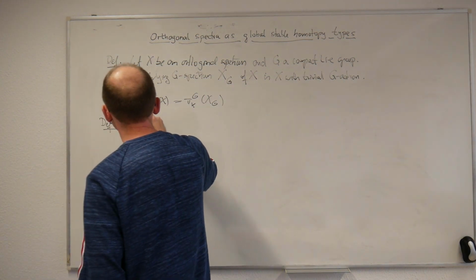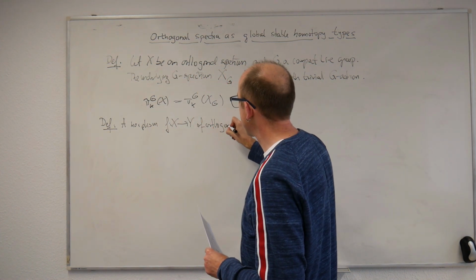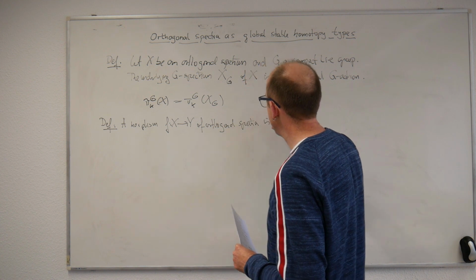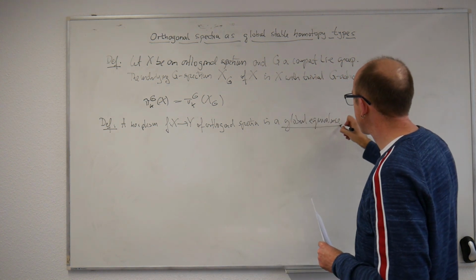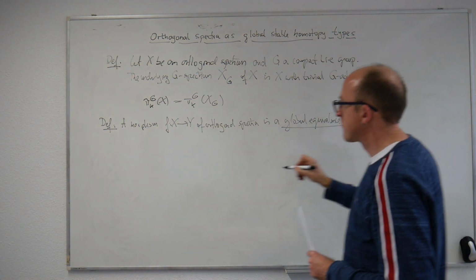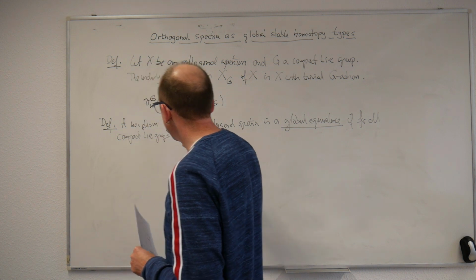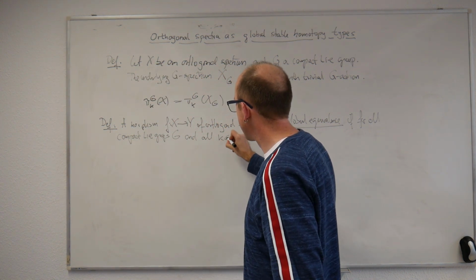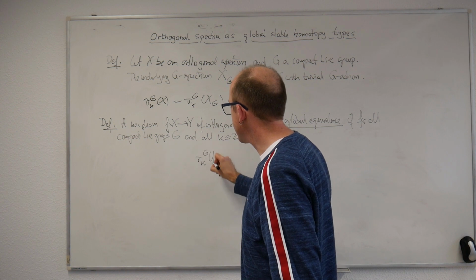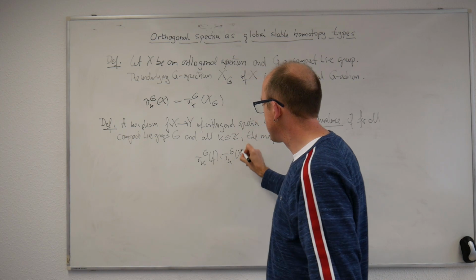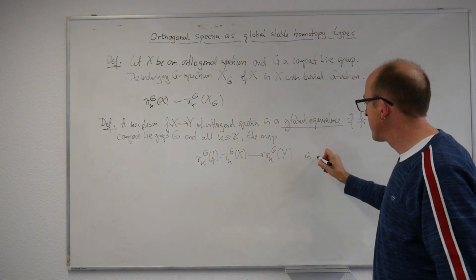So a morphism f from X to Y of orthogonal spectra is a global equivalence if for all compact Lie groups G and all integers k, the map, which is always a homomorphism of groups, pi_k^G(f) from pi_k^G of X to pi_k^G of Y, in this sense up here, so we use the trivial action, is an isomorphism.